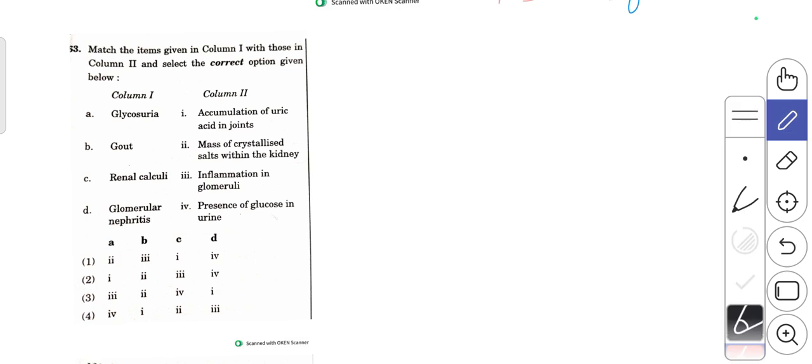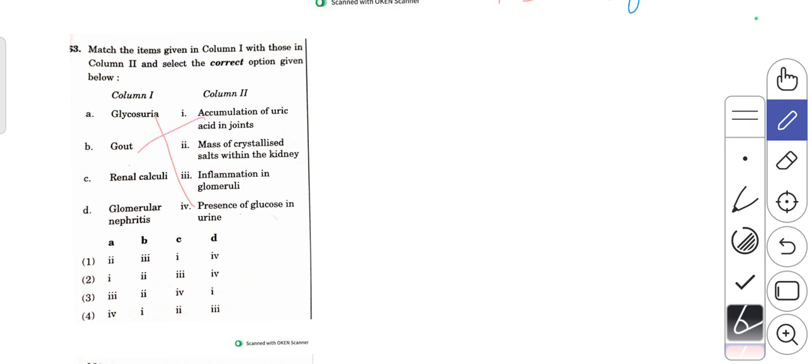So it is regarding excretion. As you all know, glycosuria, presence of glucose in urine. Gout, where you will come across accumulation of uric acid in the joints.